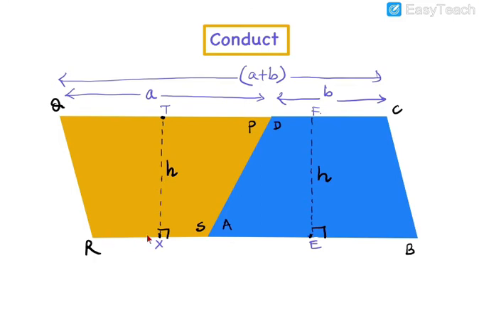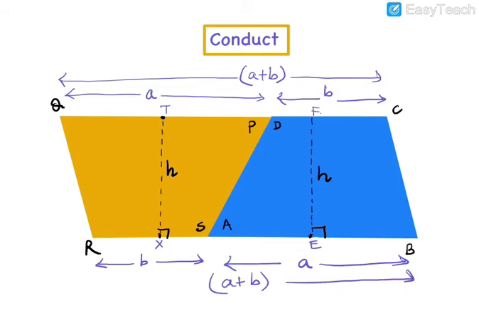Similarly, we have marked RS as B and AB is marked as A. So the length of RB will be A plus B. Also QP is parallel to RS and DC is parallel to AB.